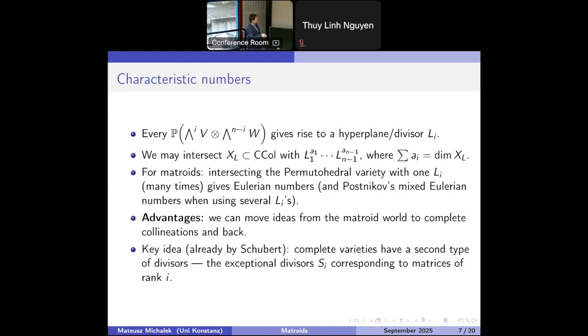And what this allows you is, maybe you have your own new ideas, but you can certainly pick an idea that, for example, people had in matroids and try to apply the same idea for tensors, or you can pick an idea someone had for complete collineations and see what it will tell you for matroids.